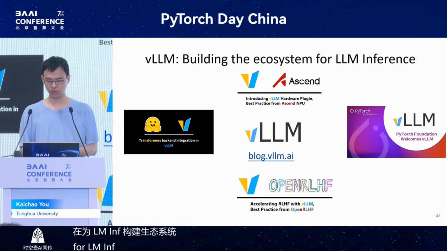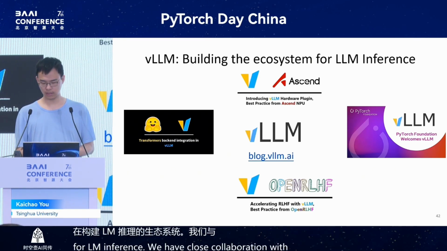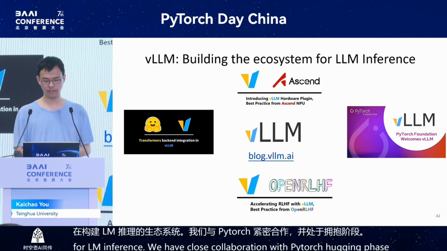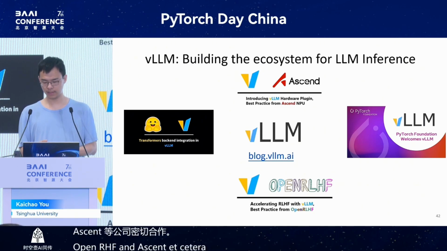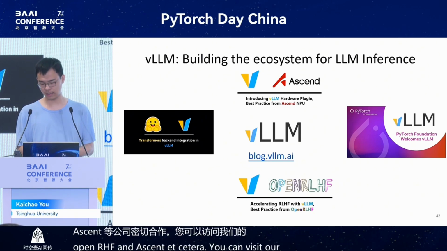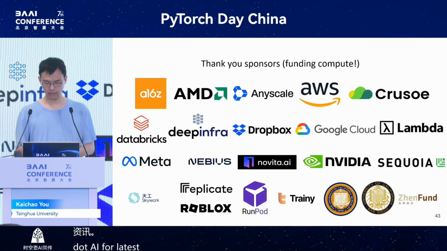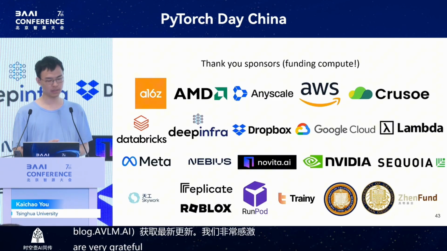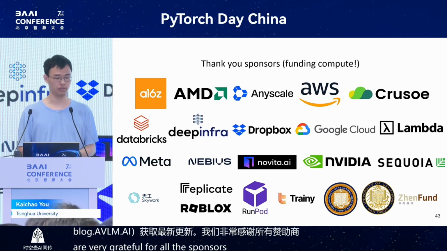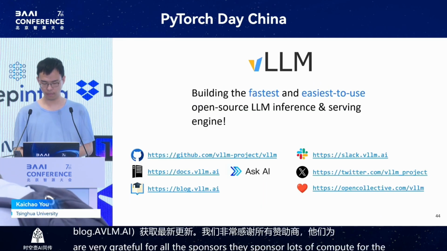So we have close collaboration with PyTorch, Hugging Face, OpenRLHF, and others. You can visit our blog, blog.vllm.ai, for the latest updates. And we're very grateful for all the sponsors. They sponsor lots of compute for the project's development.